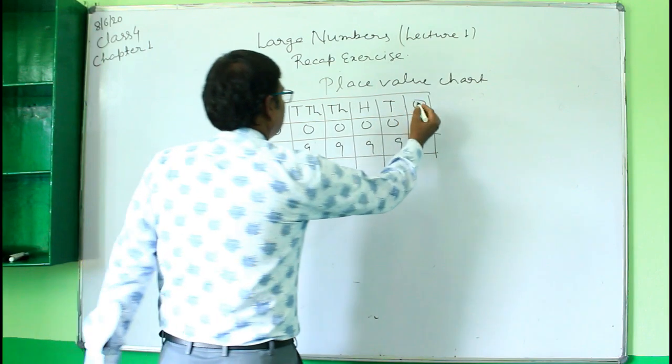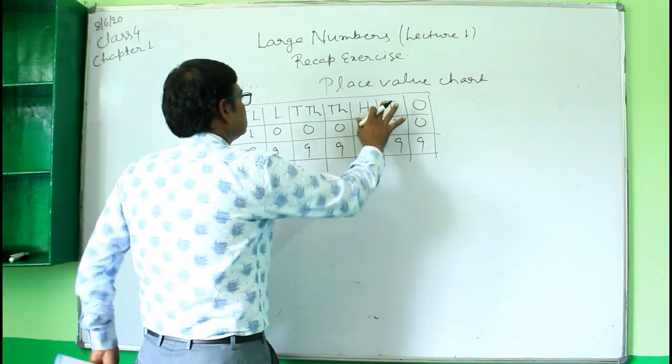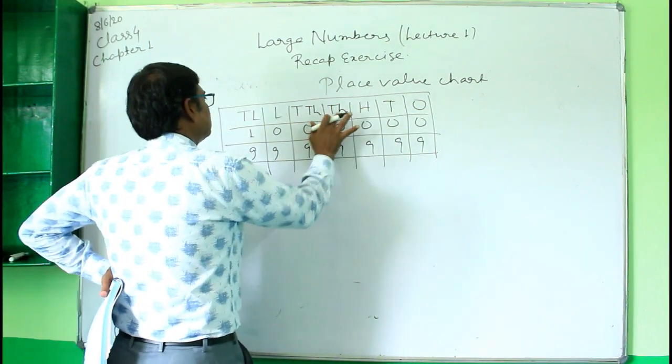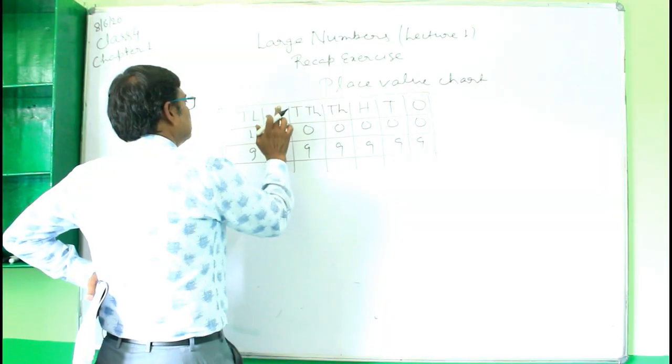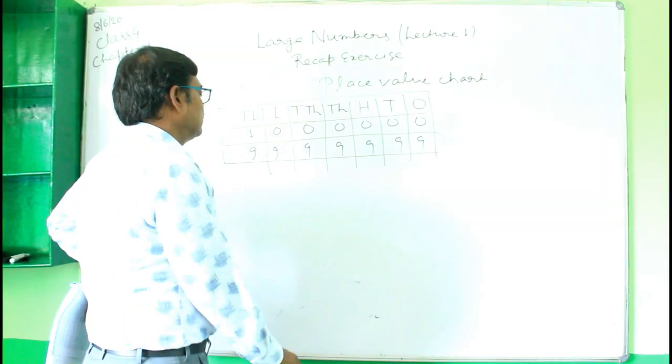So again, this is the ones place, and this is the tens place, then hundreds place, then thousands place, then 10,000 place, and this is the lakhs place, and this is the 10 lakhs place.